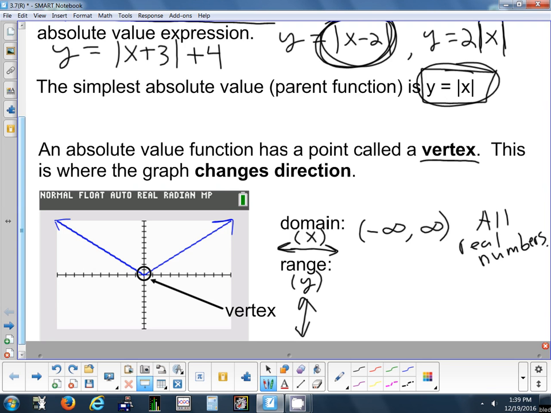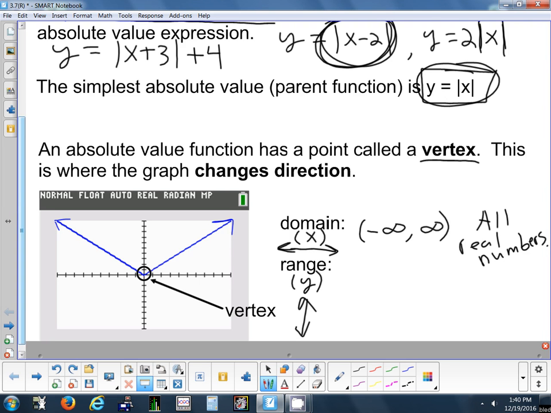Now, how about the range? Does this graph go up forever? Look at those arrows. Does it go up forever? It's going up and to the right and up and to the left, so it's going up forever.